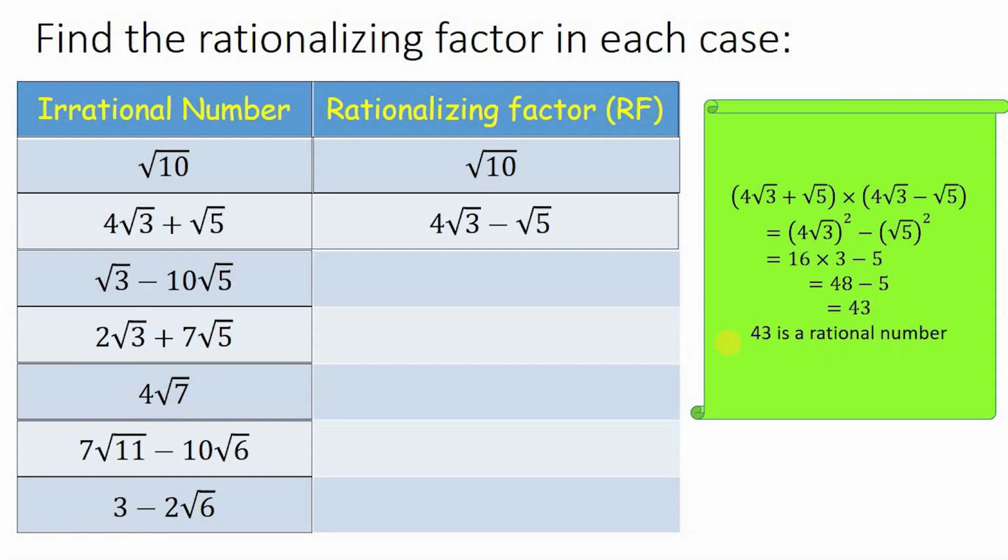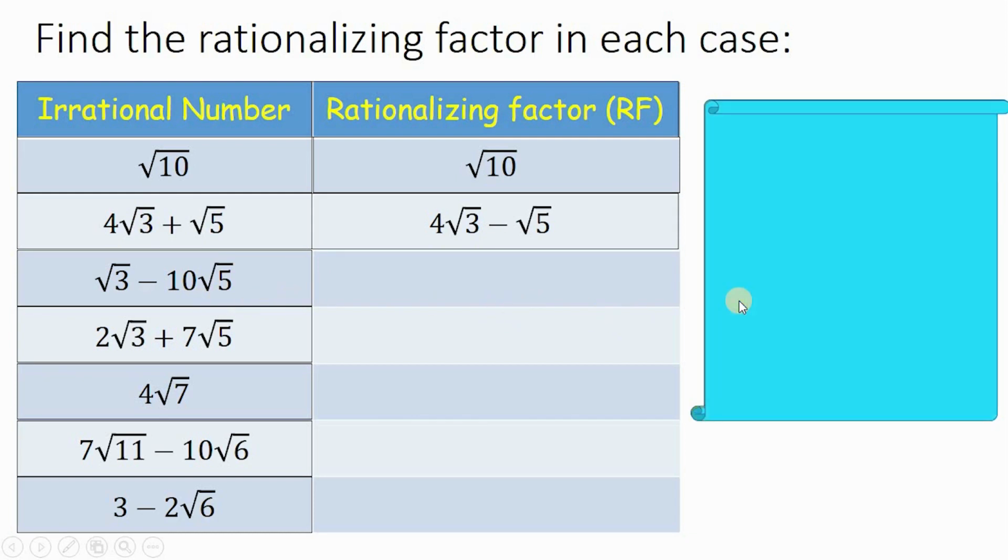Therefore, the rationalizing factor of 4 root 3 plus root 5 is 4 root 3 minus square root of 5, or conjugate. So here you will notice that only the operation between the two numbers changes. Here plus becomes minus.